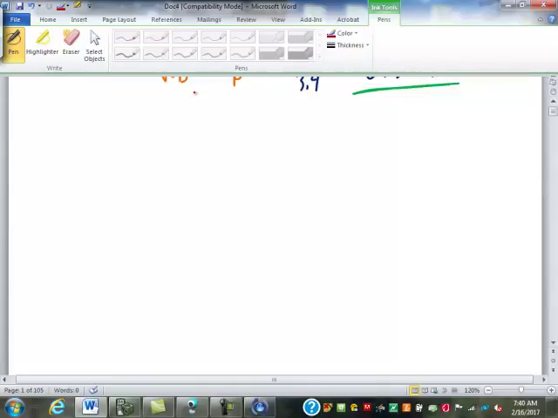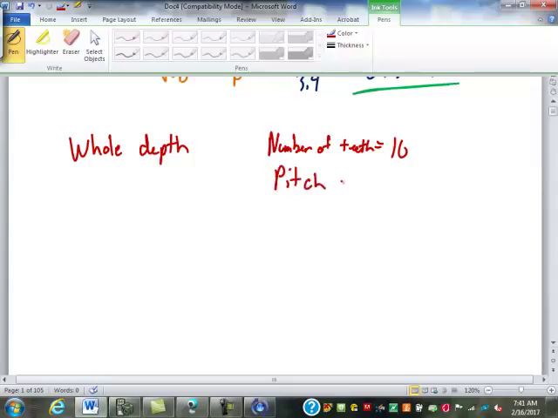What if I ask for the hole depth, but I give you the number of teeth is 10 and the pitch diameter is 2.5?